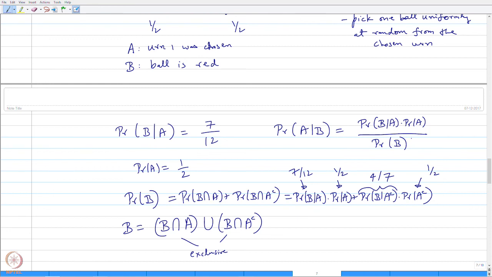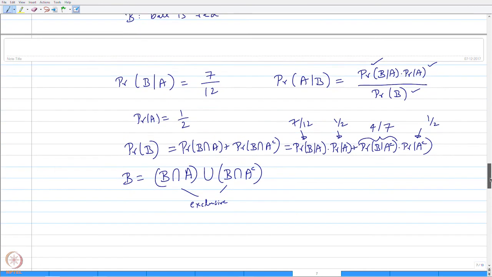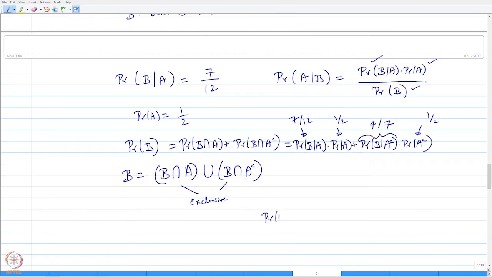If we know probability of B, probability of A, and probability of B given A, we can find probability of A given B. So probability of A given B is 7 by 12 times 1 by 2, divided by 7 by 12 times 1 by 2 plus 4 by 7 times 1 by 2.